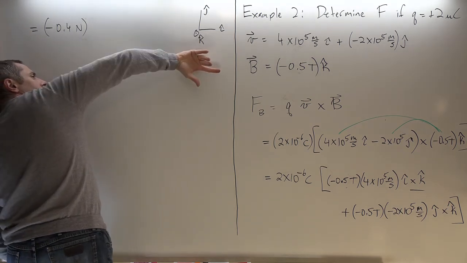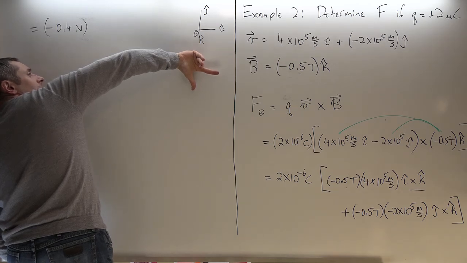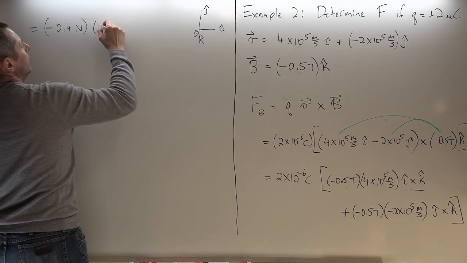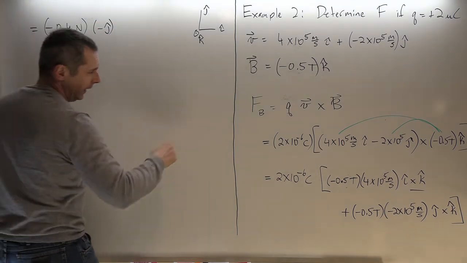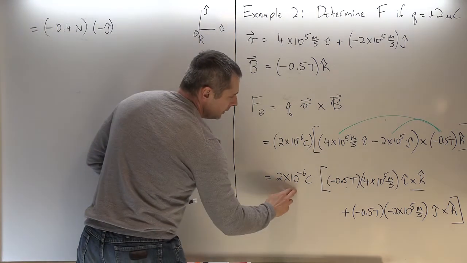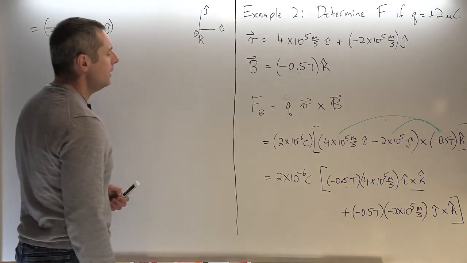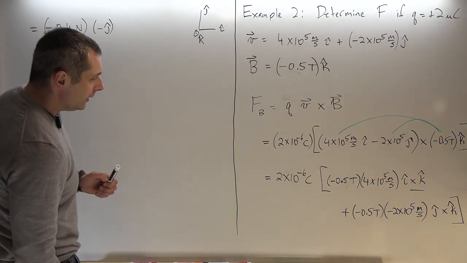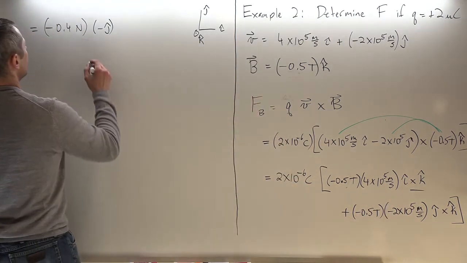And so I have i hat cross k hat. My thumb points down, which is negative j hat. So that's the result of the vector cross product on those 2 vectors. Then I have 2 distributed to negative 0.5 times negative 2, which, if I multiply those 3 numbers together, gives me negative 0.2 newtons.